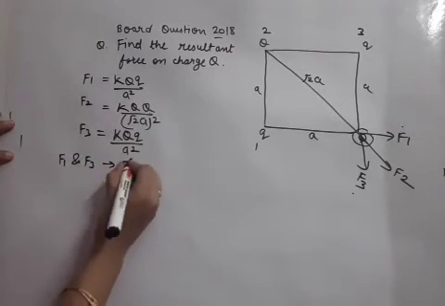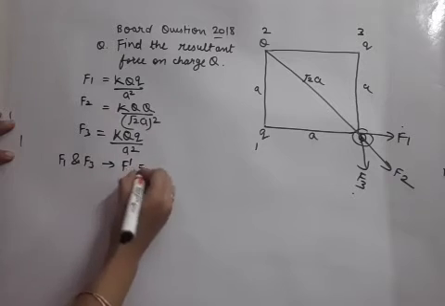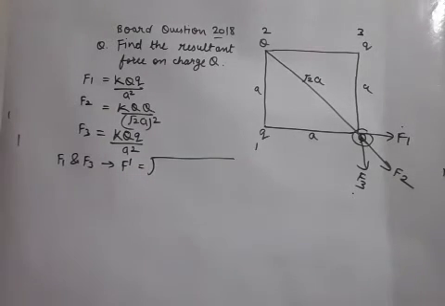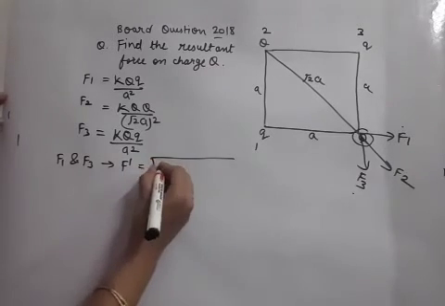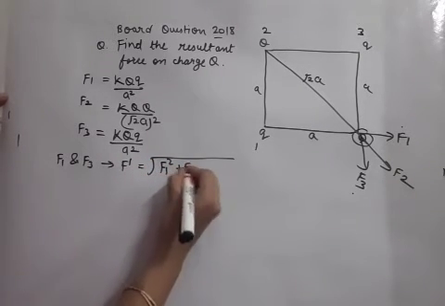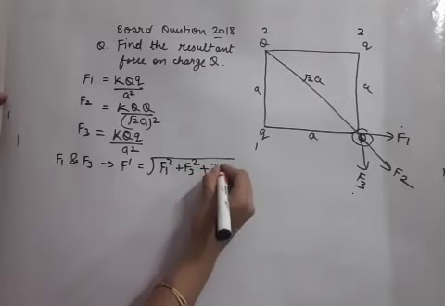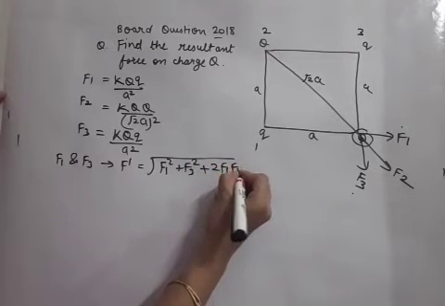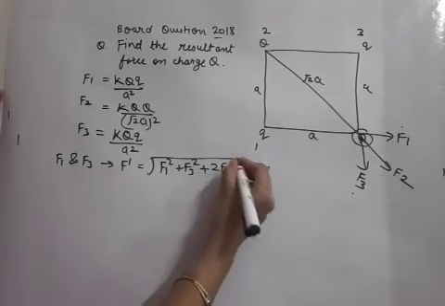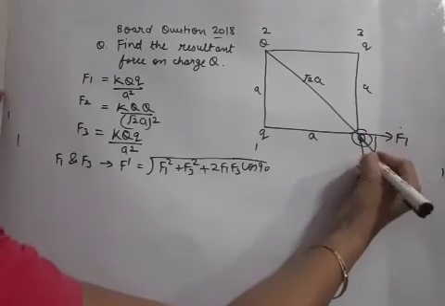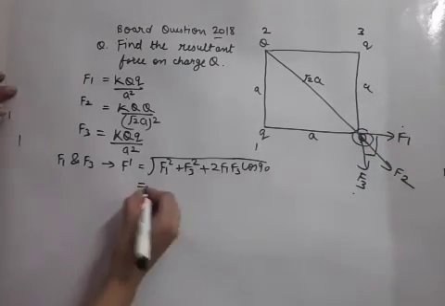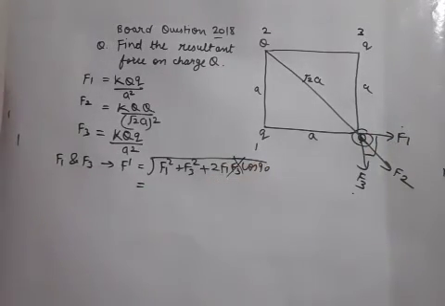Suppose the resultant of these two we call F dash. The formula of F dash is root of p square plus q square plus 2pq cos theta. So we put here F1 square plus F3 square plus 2F1 F3 cos 90. Angle between F1 and F3 is 90 degree. Cos 90 becomes 0.